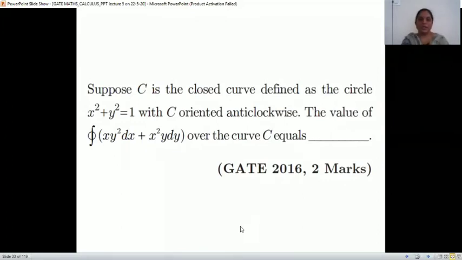Chalo, again a line integral is asked, and I think there is no data on where your curve C varies from, or length, upper and lower limits. So you have to use a theorem. Which theorem do you think, and tell me the answer. Take some time, tell me the answer. Okay, can you tell me which theorem we'll use?